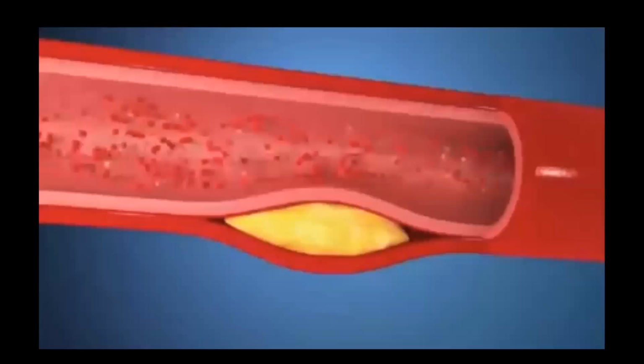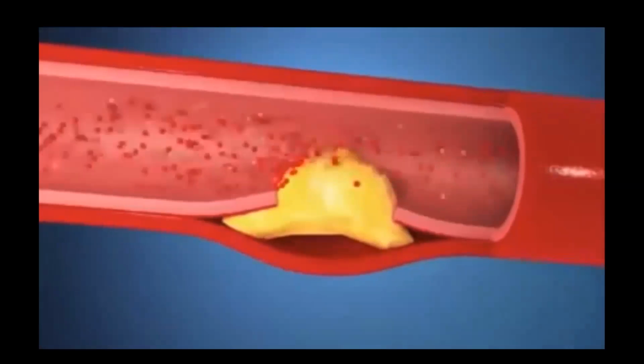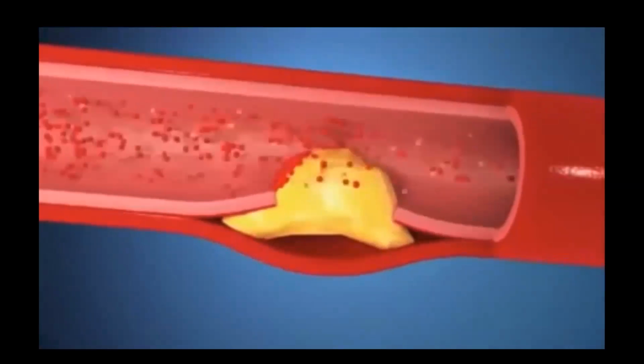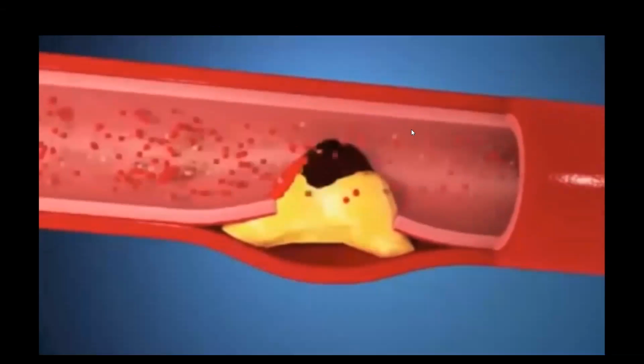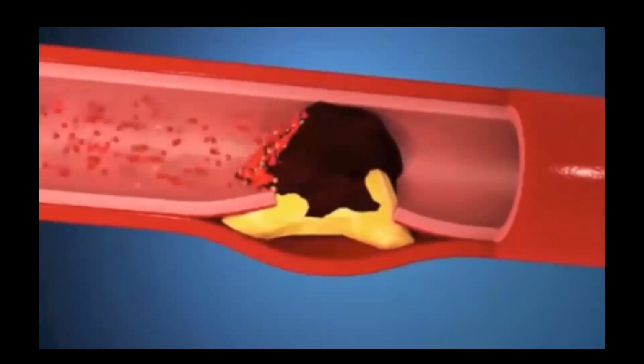This plaque grows slowly for decades. Some are unstable and break. When this plaque breaks, it forms a clot that blocks the artery completely, and no more blood gets through. We are facing a heart attack.